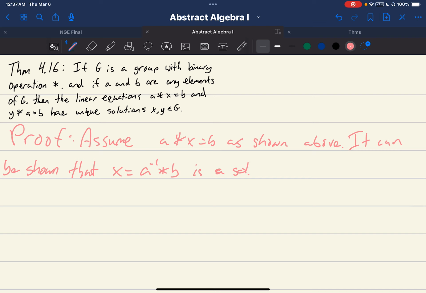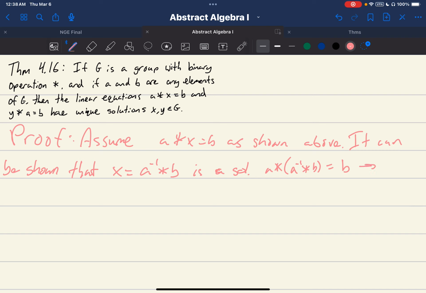How can that be shown? Well, let's just plug it in for X. So we have A star, and then I'm going to plug in X, which is A inverse star B, equals B. Let's simplify that using the rules of a group, associativity.